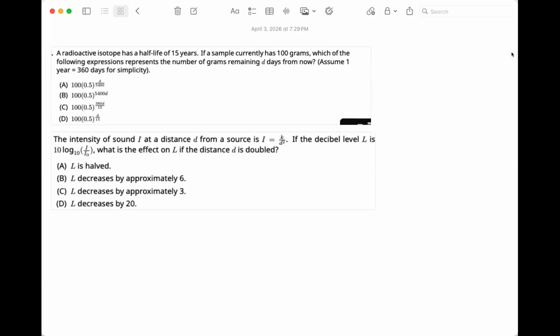Okay, intensity, I by I0, so what is the effect on L?